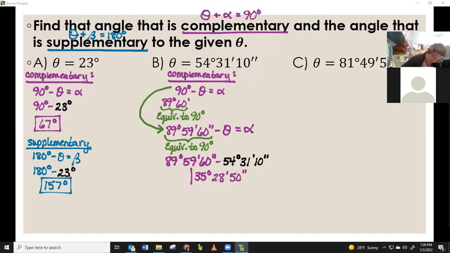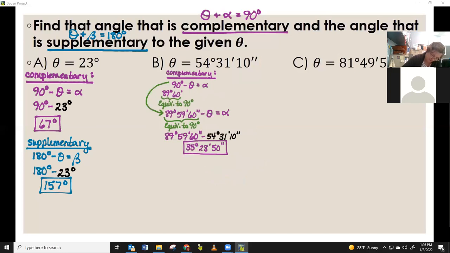I'm going to use a very similar process to find the supplementary angle. Can you tell me an equivalent way of writing 180 degrees using degrees, minutes, and seconds?